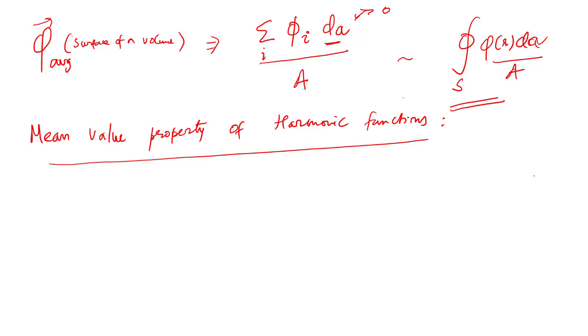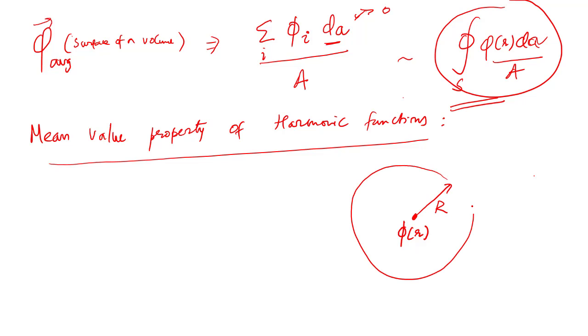So now that we know what the average of a function is, the special property of harmonic functions is this: if I want to know the value of a harmonic function at a point r, I can draw a sphere of radius r around it, and I take the average of phi on this surface.